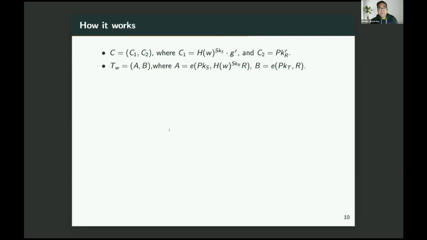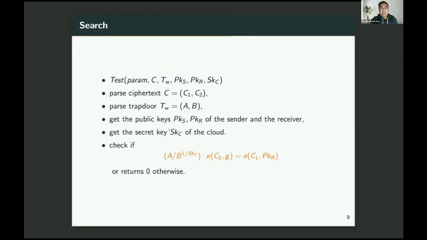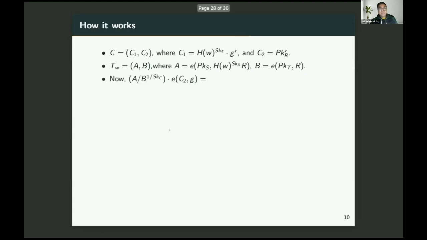So these are the expressions for A and B. Now, if you remember this, I will start by taking the left-hand side of this expression. If I compute this left-hand side, I will replace A, B, and C2 from the top two lines. So it will be something like this.